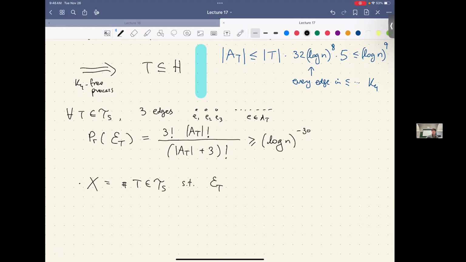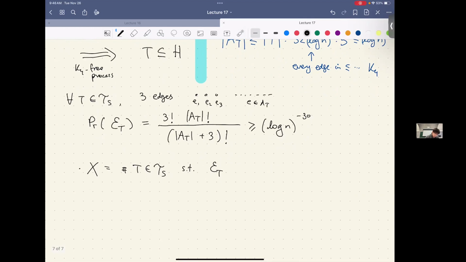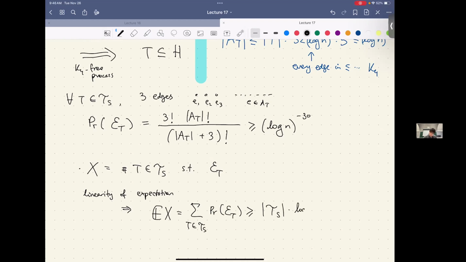ET holds means T survives in the final H. Linearity of expectation implies the expectation of X is equal to the sum over T in TS of the probability that ET holds, which is at least the number of triangles in TS times this probability.